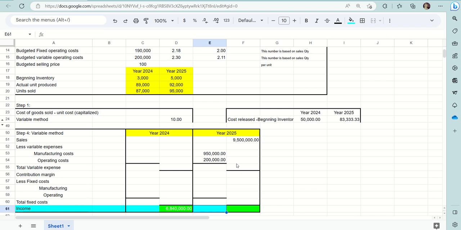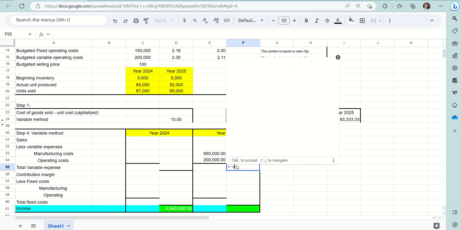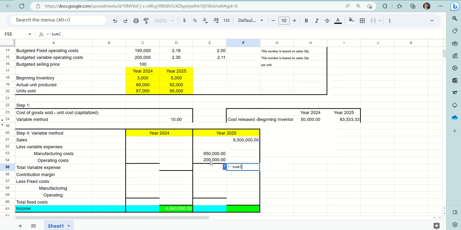Now we're going to sum this up over here. It is an expense, so you're going to reverse the polarity. So this is our total variable expense, 1,150,000. To arrive at contribution margin, we simply subtract 1,150,000 from 9.5 million.